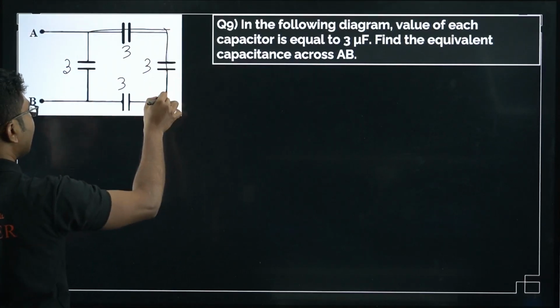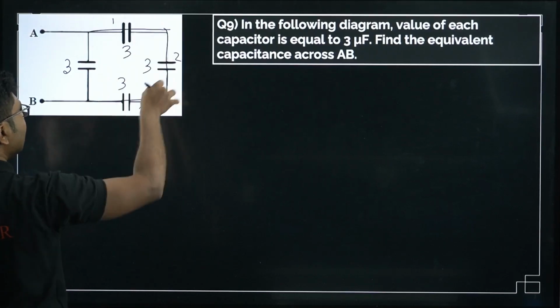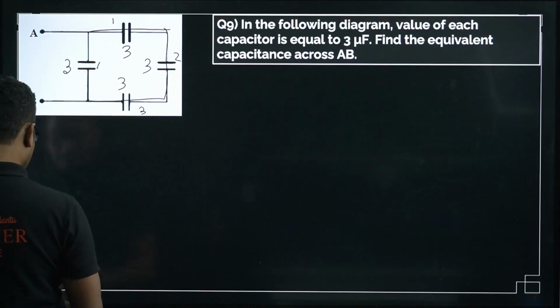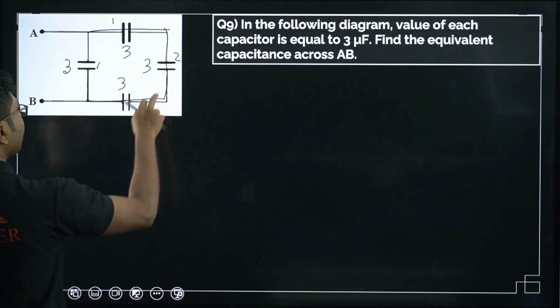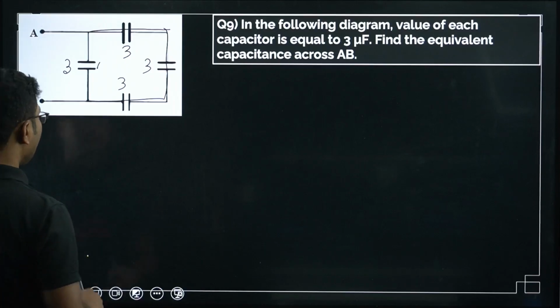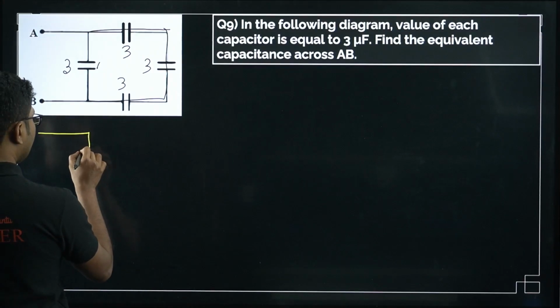These three, 1, 2 and 3, are connected in series, and this, suppose the fourth one, is connected in parallel to that. So 3 capacitors connected in series. How to find the equivalent capacitance? So we can draw this diagram like this.